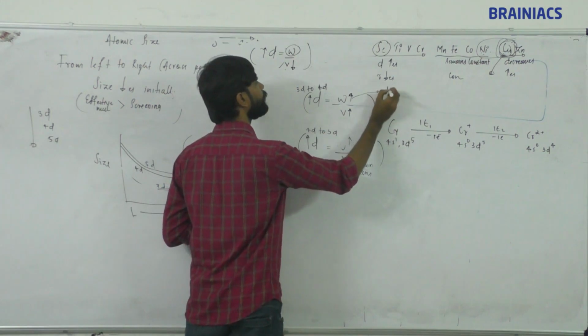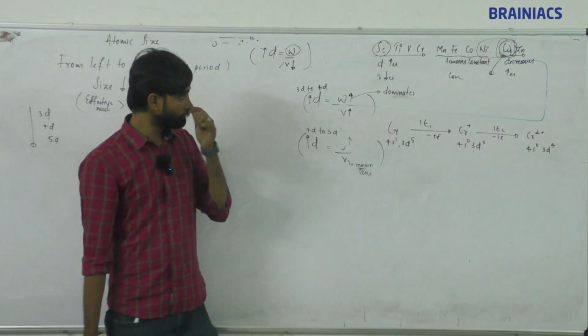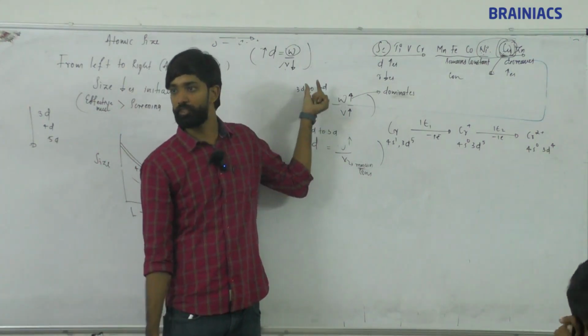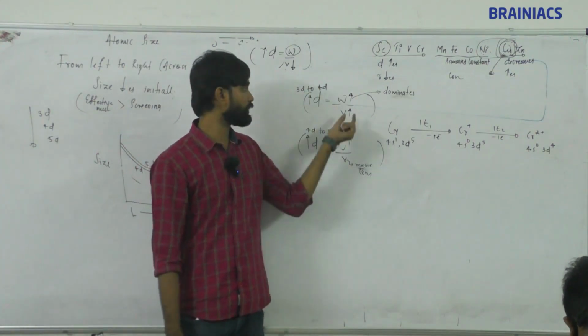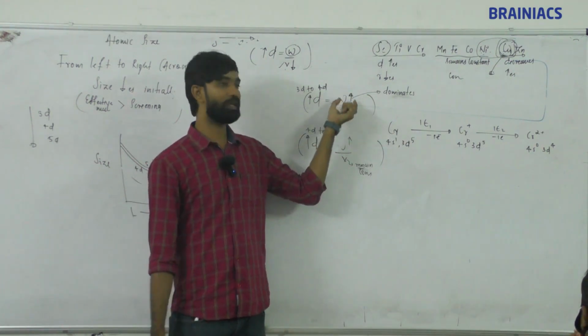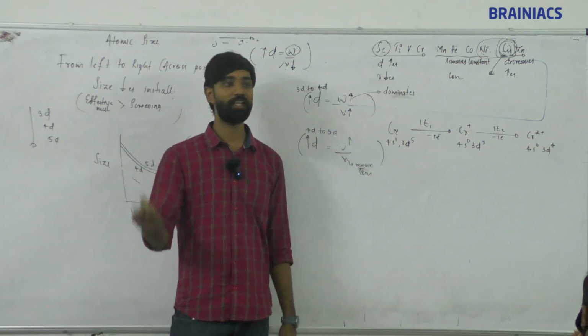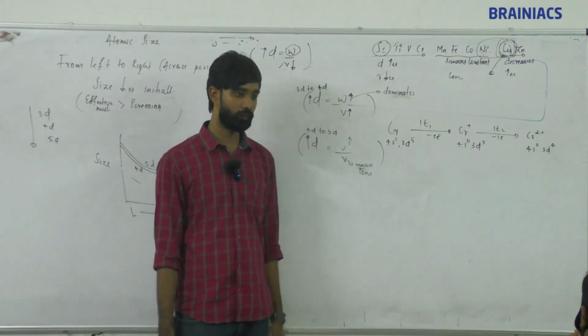This increment of mass dominates, so there is a net increment of density. Size tends to decrease the density, whereas mass tends to increase the density. Where mass dominates, there is a net result of increment in density.